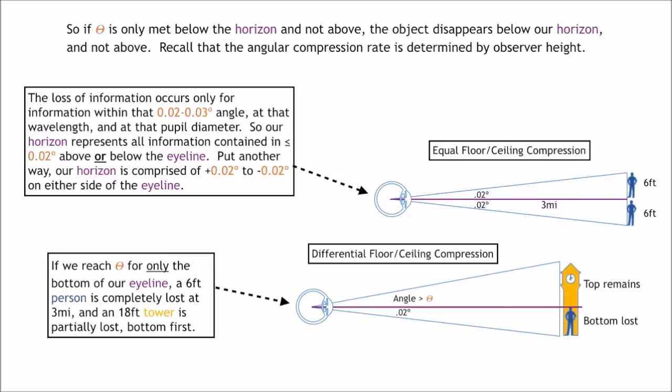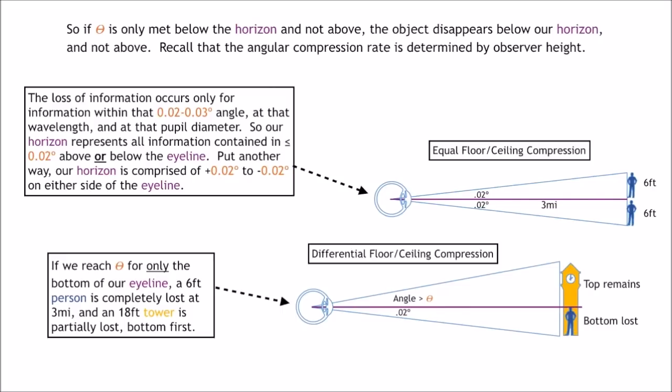So the loss of information occurs only for information within that 0.02 to 0.03 angle, if it's reached at that wavelength and at that pupil diameter. So our horizon represents all information contained within an angle less than 0.02 degrees above or below the eye line.